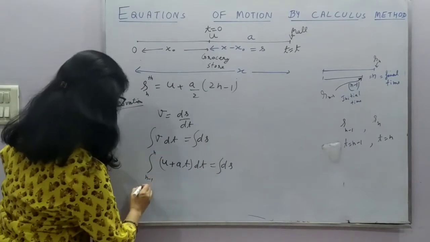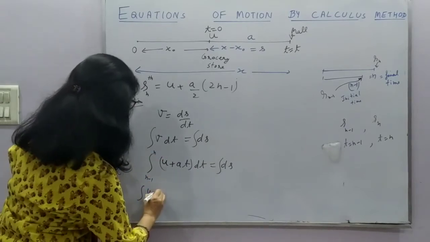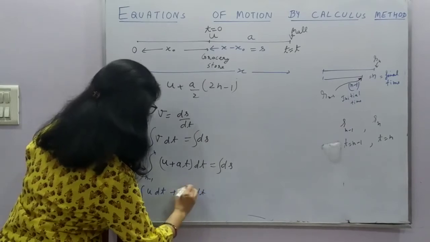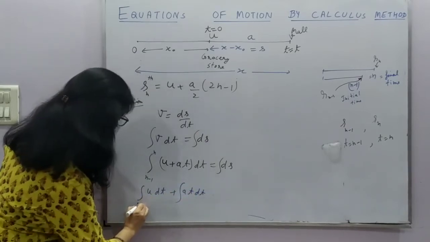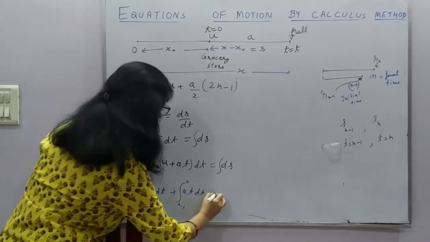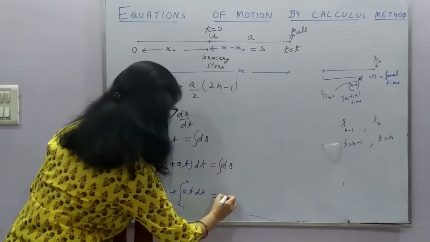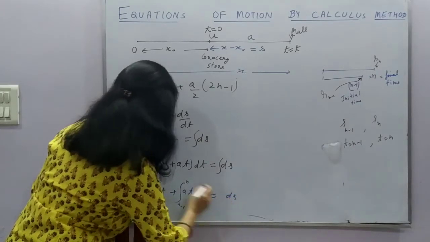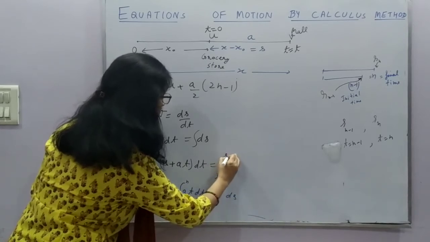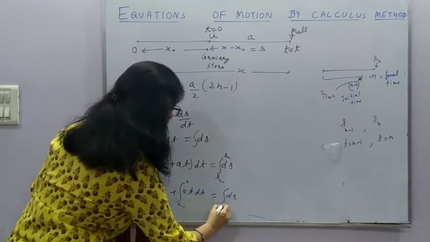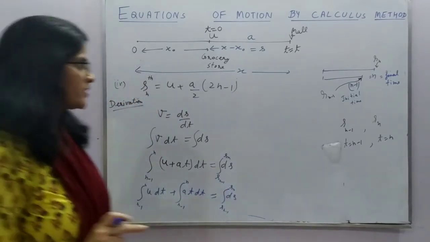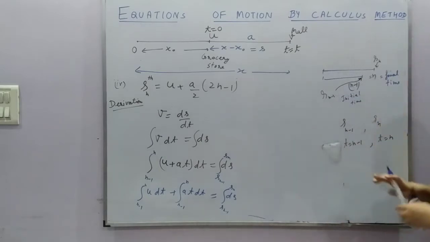So this way you can write the integral of u dt plus at dt, this will be n minus 1 to n, this will be n minus 1 to n, and this will be equal to integral of ds, from S n minus 1 to S n. To understand these limits, this is a very important figure.